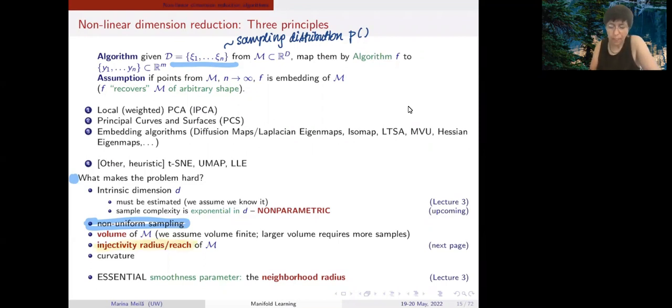Now, intuitively, this injectivity radius is almost the same as what people denote by curvature. I'm not going to talk at all about the curvature in the mathematical sense, but I'm going to exemplify what injectivity radius means. So let's look a little bit at what injectivity radius is.